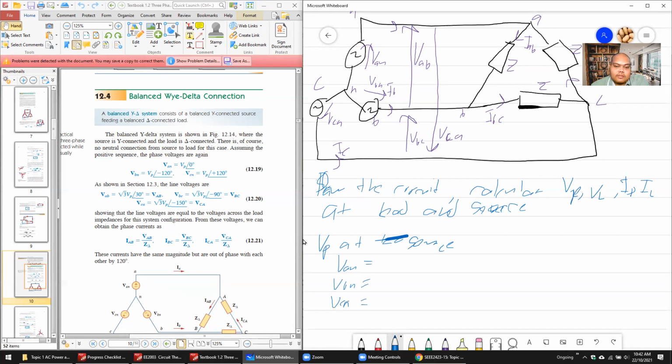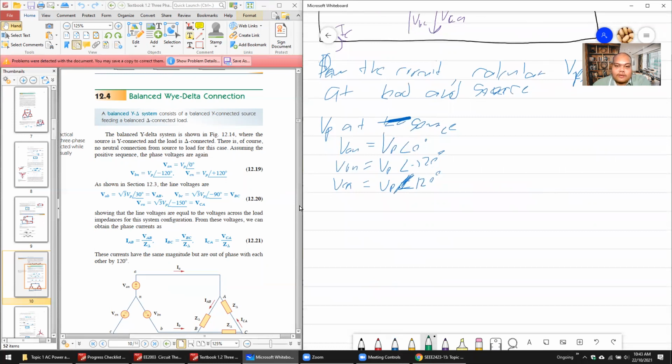So V phase angle 0 degree, V phase angle negative 120 degree, V phase angle positive 120 degree. So you get this voltage at the voltage source. Now we move on to the next part.